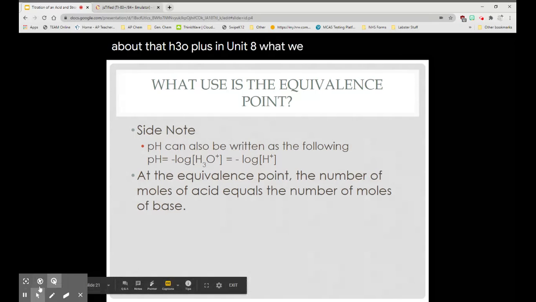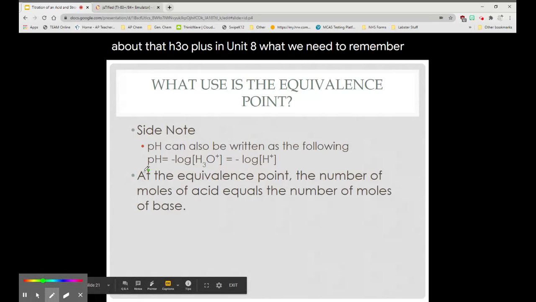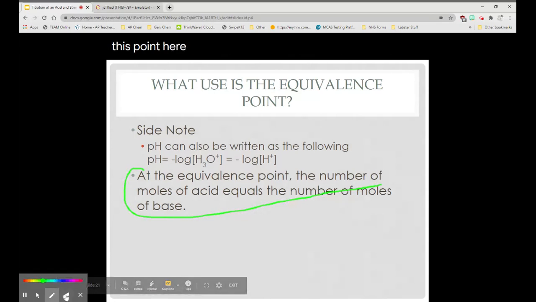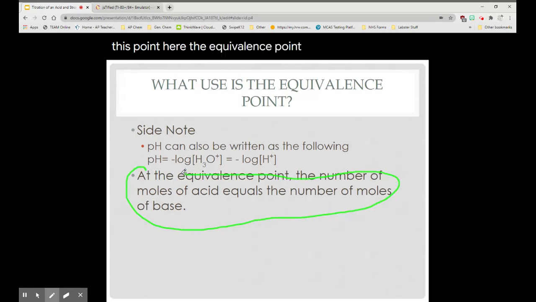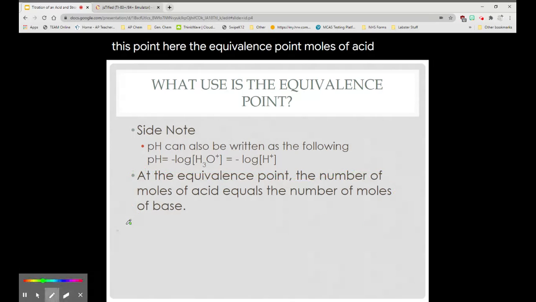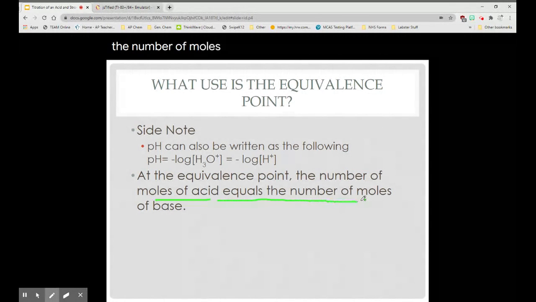What we need to remember is this point here: at the equivalence point, moles of acid equals the number of moles of base. So it makes our stoich real easy to do.